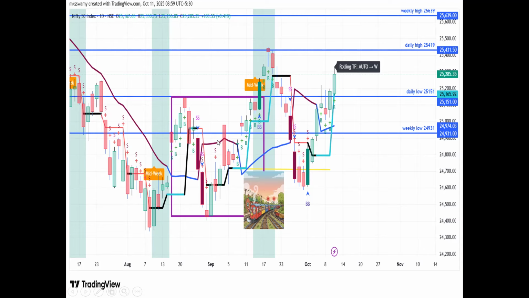This blue to red, and the pivot is showing red, black, blue, and it started moving higher. In the midweek of September, it moved higher and it made 25,400, that was the peak made.